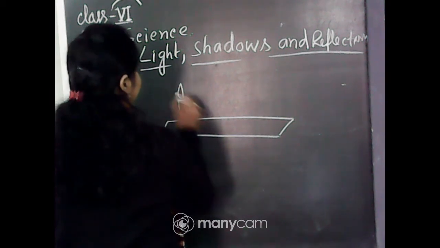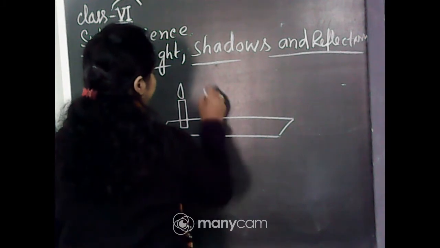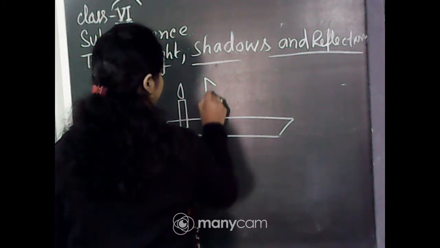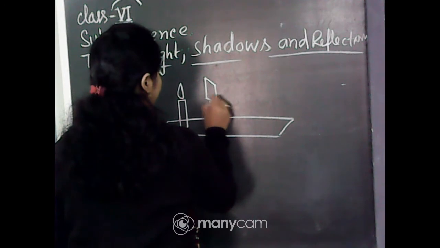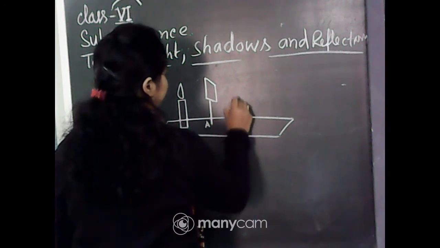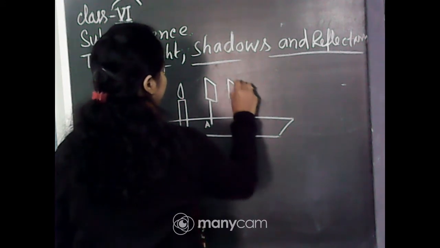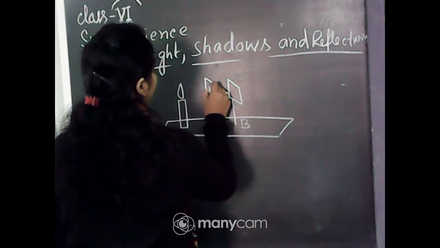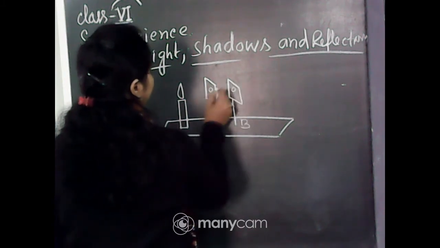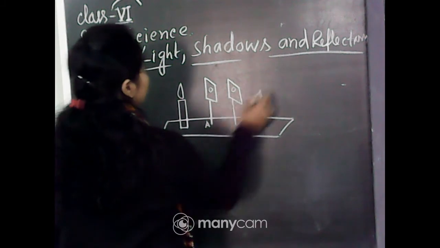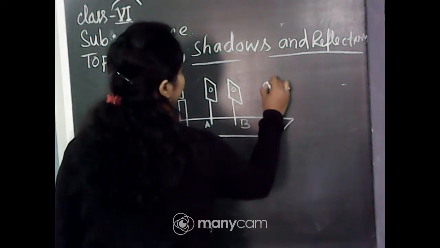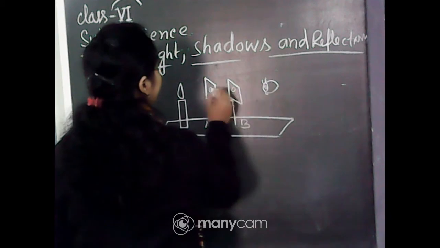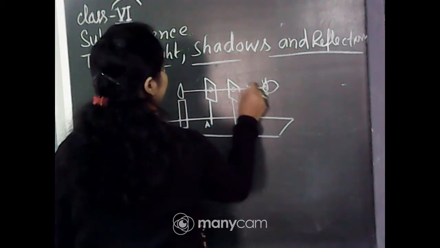Here it has been placed, and there are two cardboards placed parallel to each other, cardboard A and cardboard B. Now we must make a small aperture on these two cardboards A and B in the same position, so that if we see from this place, where this is our eye, we are able to see the light as a straight line.